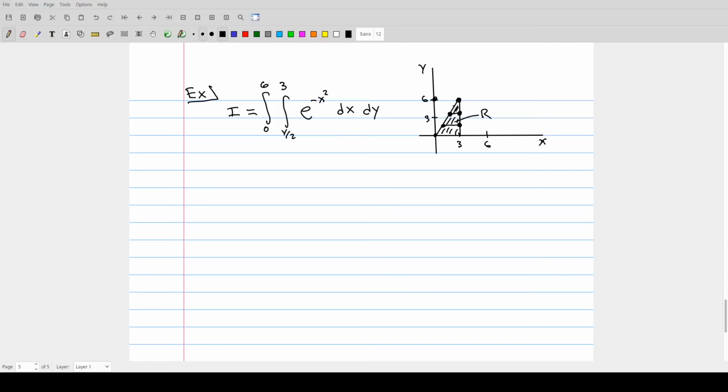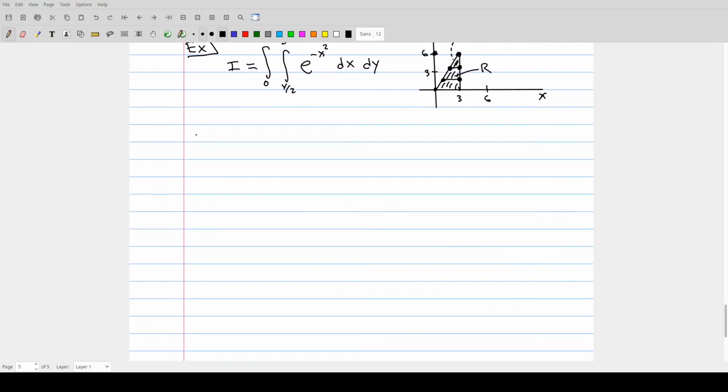So remember, this boundary right here, the lower boundary for this region in x, is the curve x equals y over 2. So the problem here is that if you try and do this antiderivative of e to the negative x squared dx, you're going to run into an issue.